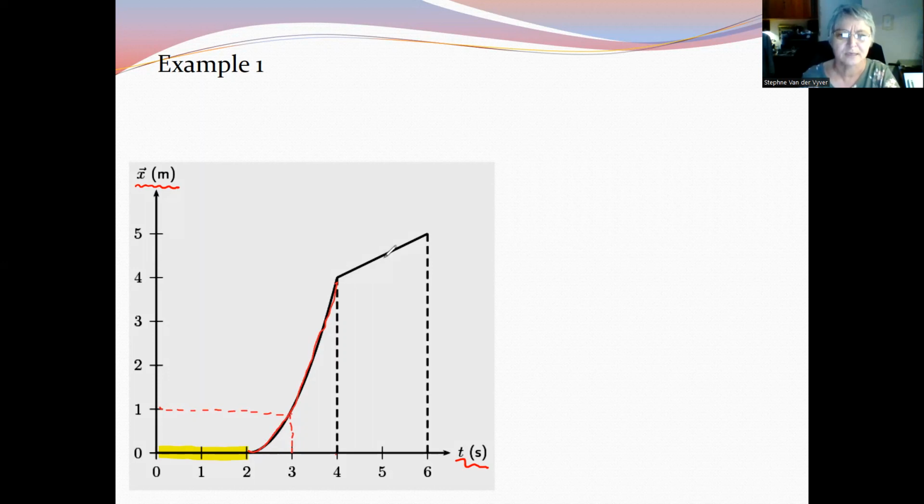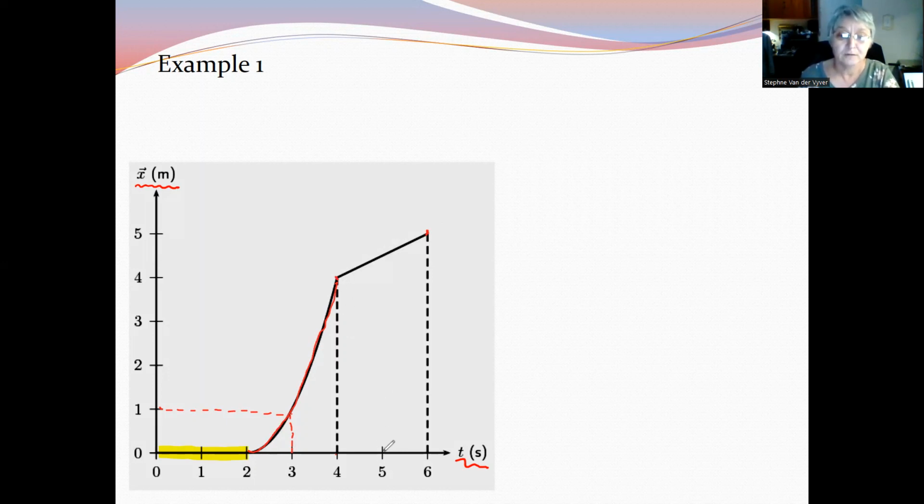Then from 4 seconds to 6 seconds, you have a linear graph. It means that for that period of time, the velocity was uniform.